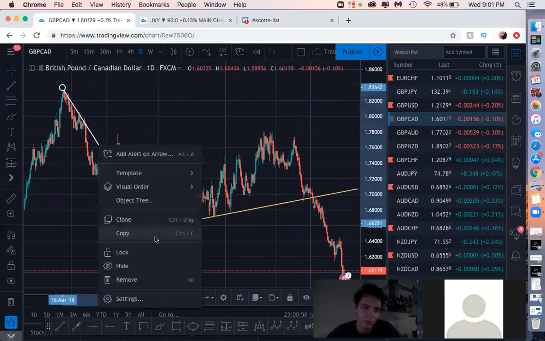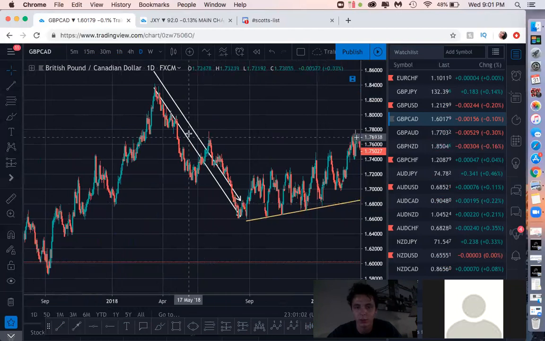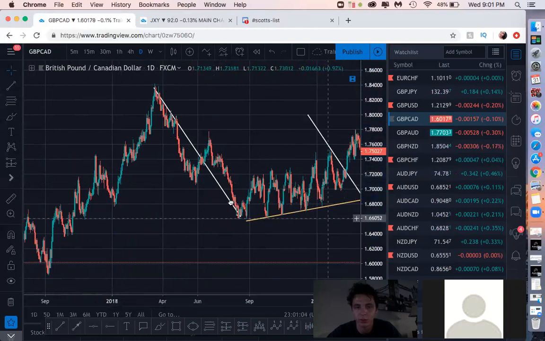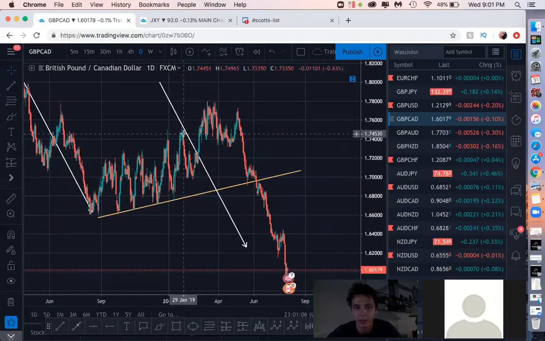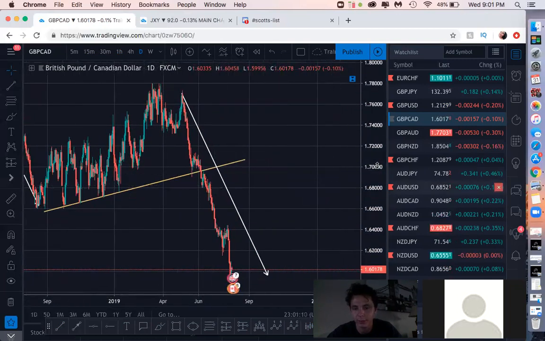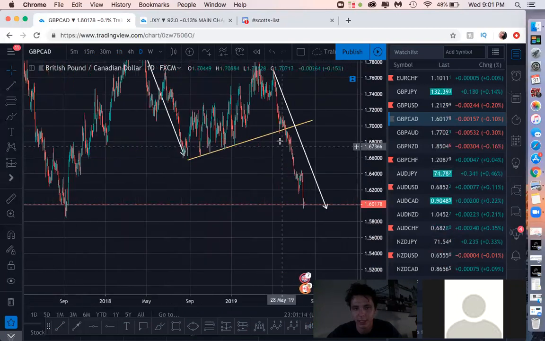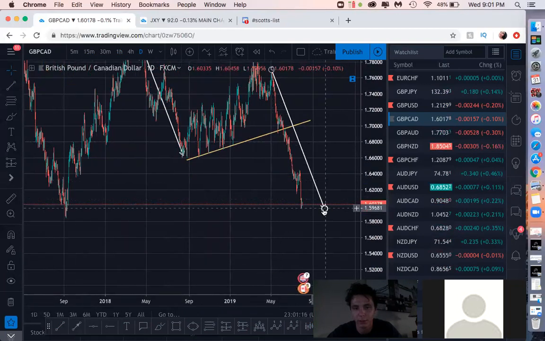Now, what gets us into these flags will get us out. So going from this high that we formed here, look at that. Perfect. Absolutely perfectly structured move.